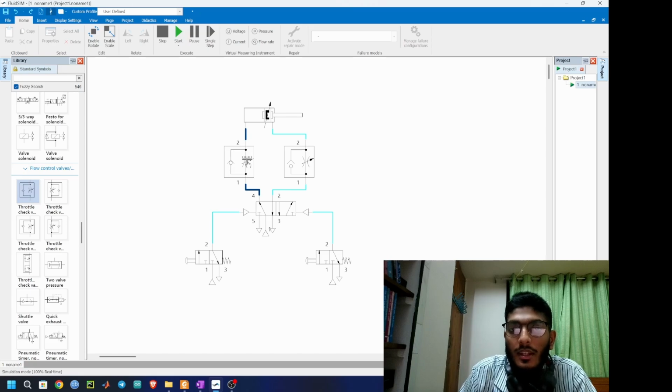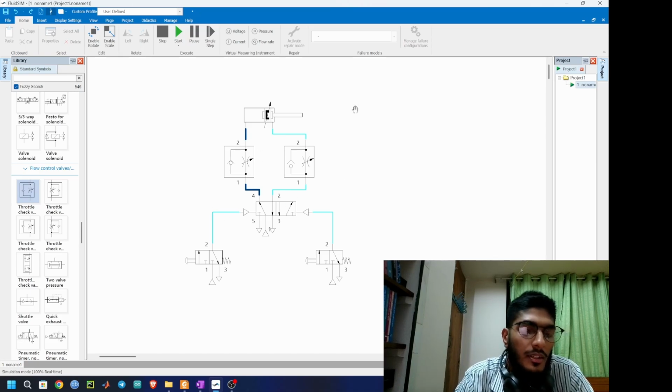The restriction is that when fluid is entering the cylinder, I am restricting it, not when the fluid is going outside of the cylinder. So I am restricting the upstream. So this kind of circuit is called a meter in circuit. I am restricting the inflow of the liquid.